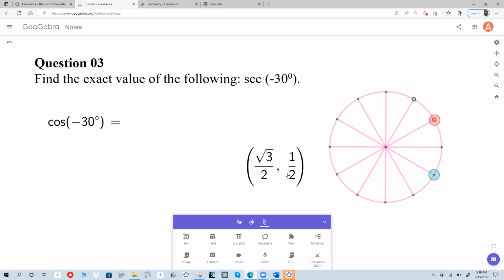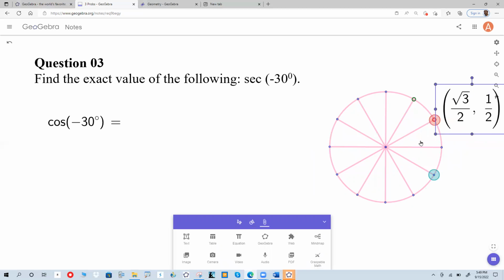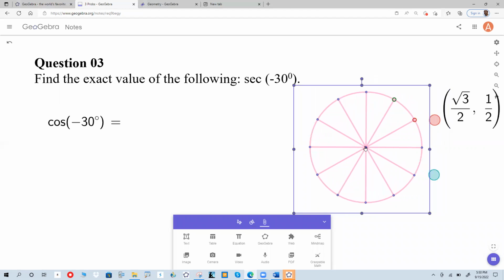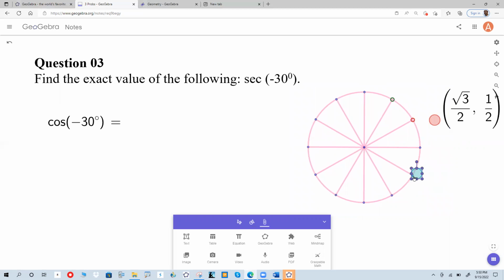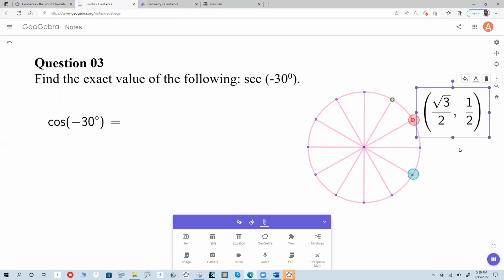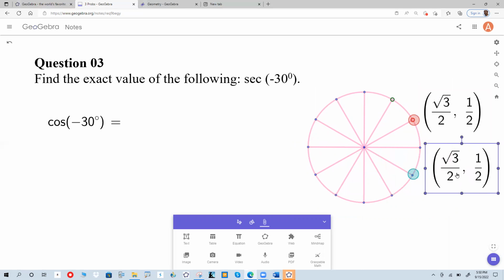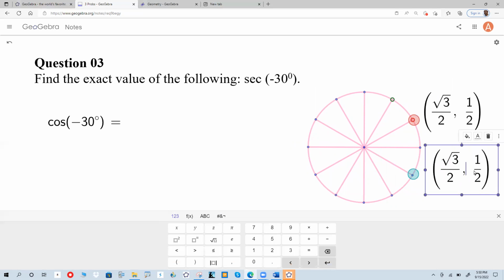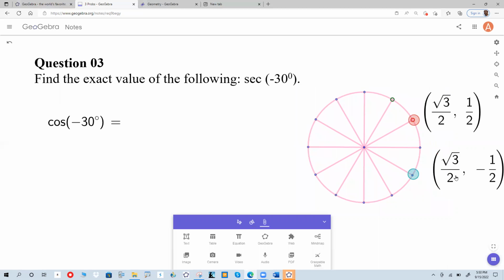Now, if this is, let me move this a little bit. I need the room. If this point, the red point is square root of 3 over 2, comma half, this point, the blue point, green point, whatever you want to call it, has to be kind of the same thing, except for this will be minus, right?